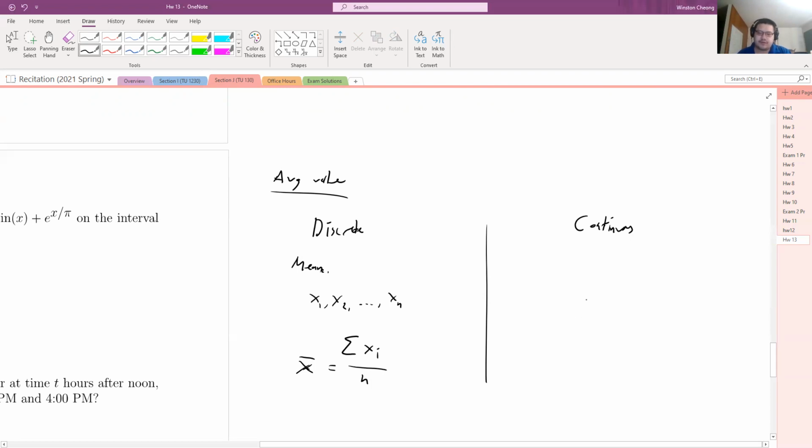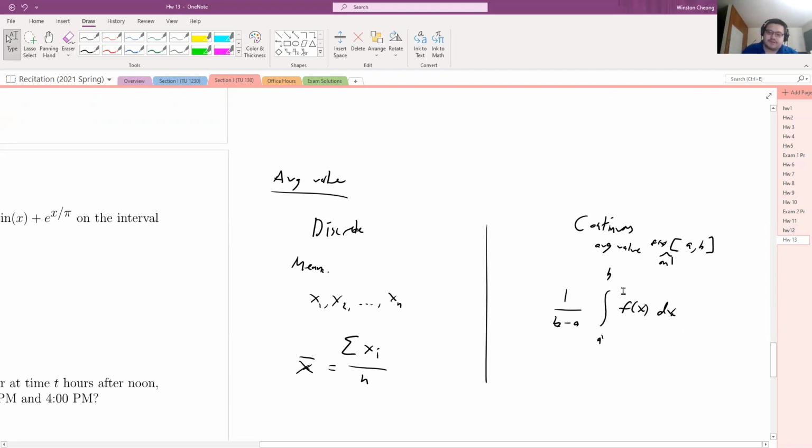It turns out that what you do is something very similar. And the formula is like this. Suppose you're trying to take the average value along the interval a to b of the function f of x. So I'm going to spell it out: average value of f of x on the interval from a to b.